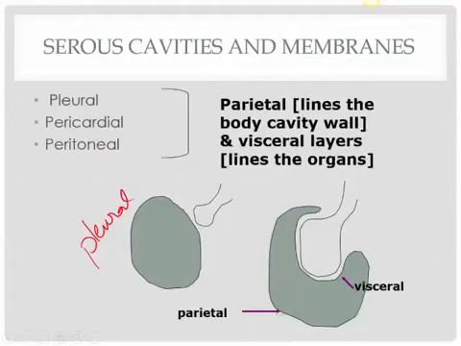Got that? In between the two, you'll have a small amount of fluid. So as this organ expands, it pushes and makes this pleural cavity even smaller, and now the organ has expanded. But because there is fluid present between them, it doesn't cause friction with the other organ lying close by.